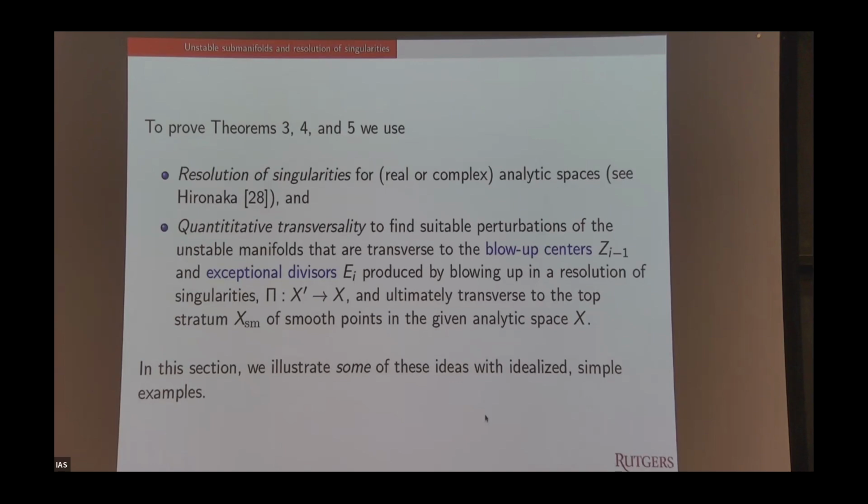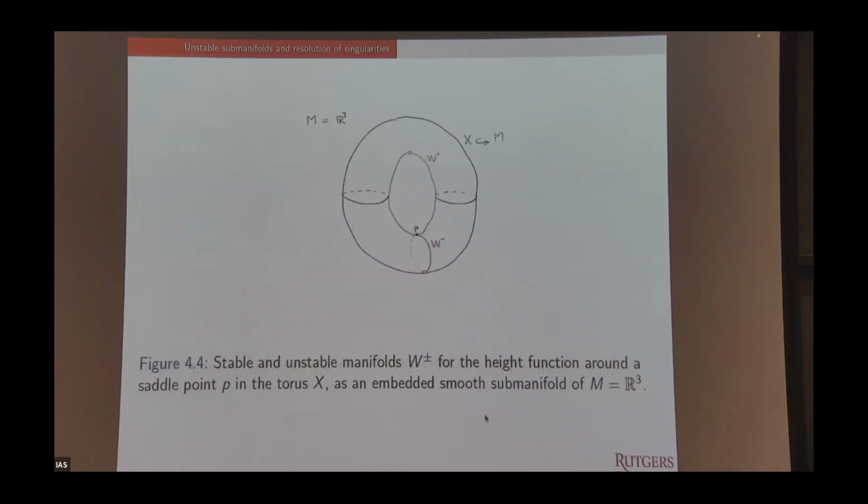Quantitative transversality means that you can perturb certain subvarieties or submanifolds a little bit, but staying within certain prescribed or desired limits. The pictures will illustrate what I mean by that, or hopefully they will.